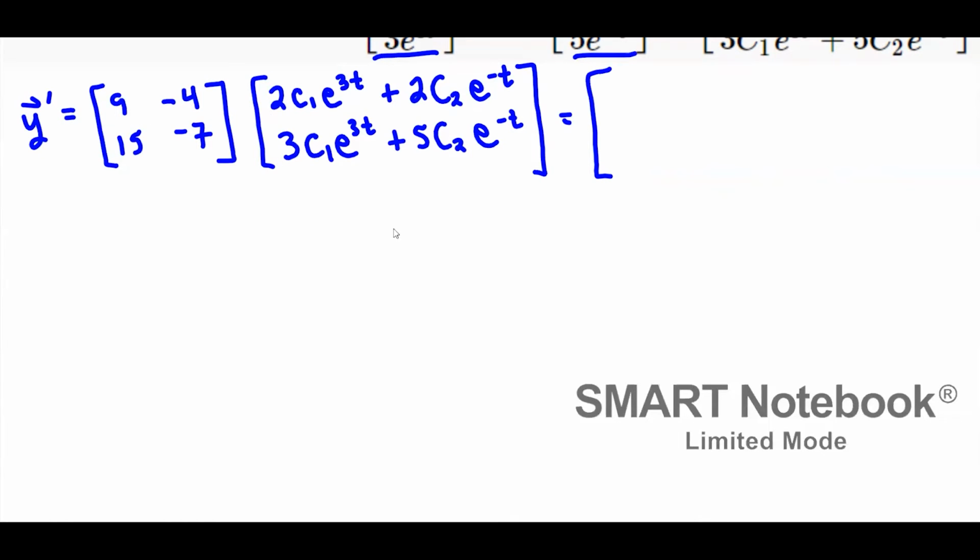That's 18 minus 12, that's going to be 6 C1 e to the 3t. And then 9 times 2 minus 4 times 5, that's going to be 18 minus 20. It's going to be minus 2, forgot my constant there, -2 C2 e to the -t.